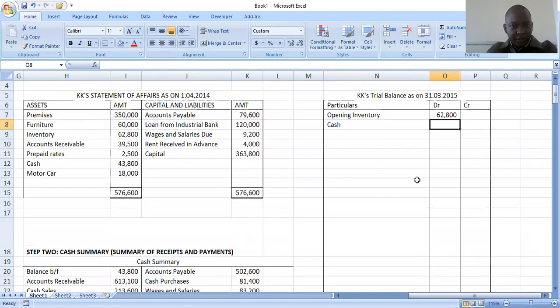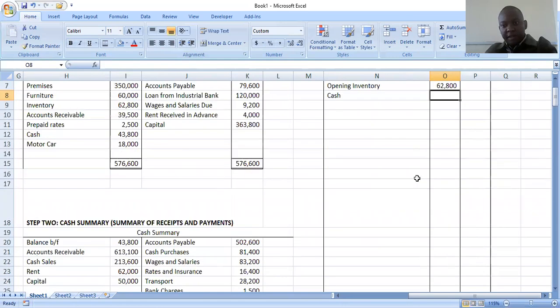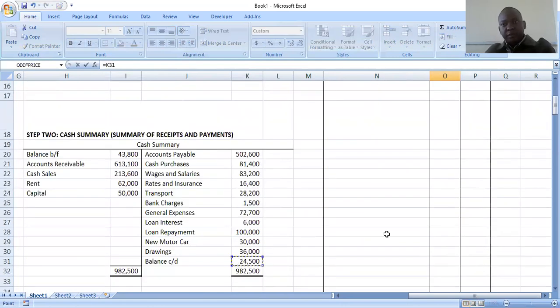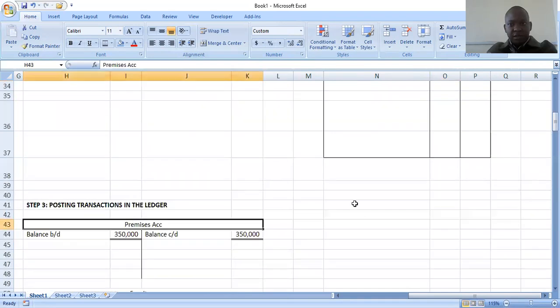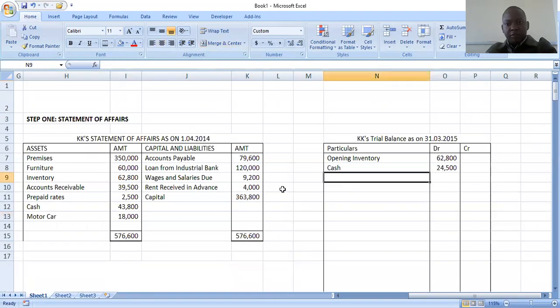It's 24,500. Then after cash, the other account we have is premises.